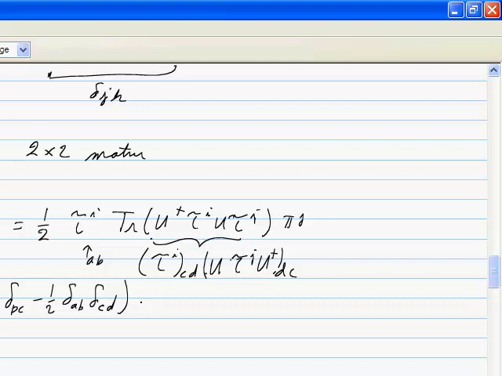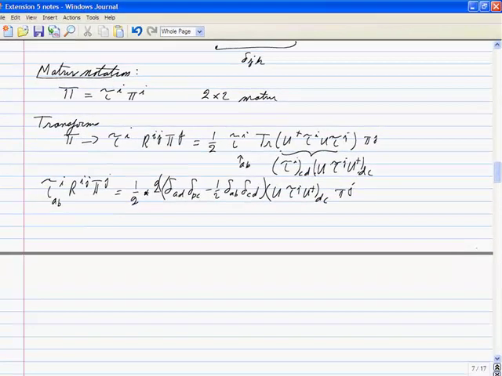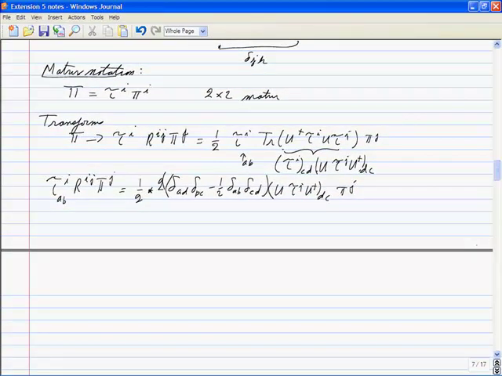I have U tau j U dagger DC pi j. The delta CD piece is a trace of this that disappears, so that piece doesn't contribute.